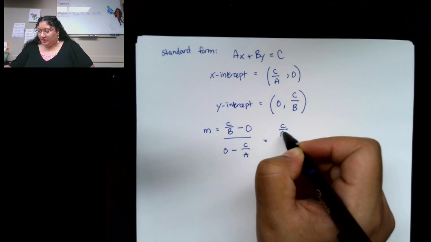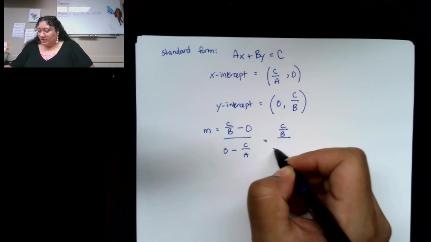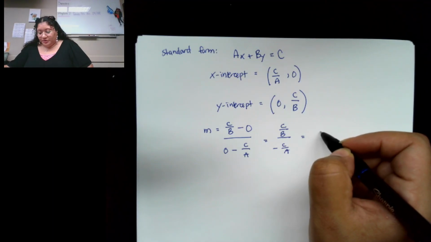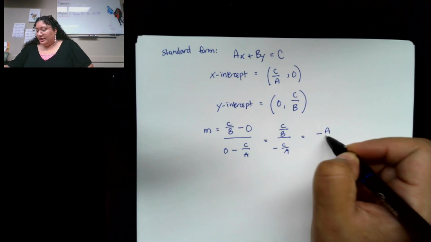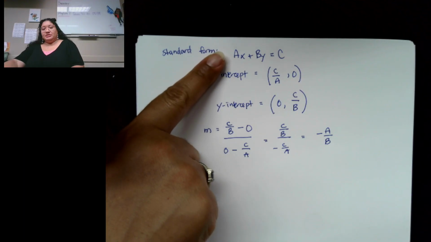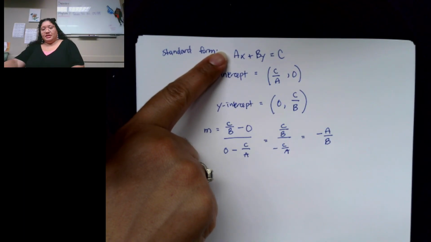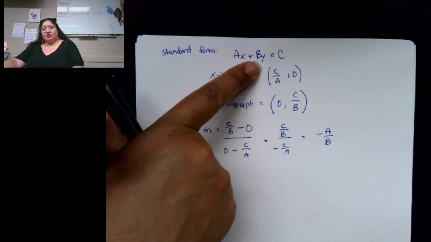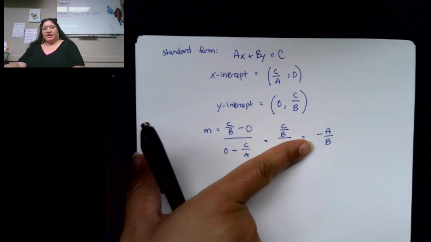This gives me c over b over negative c over a, which my slope here would end up being negative a over b. So notice how my slope is actually a over b, whatever a and b are over each other, and the negative portion of that.